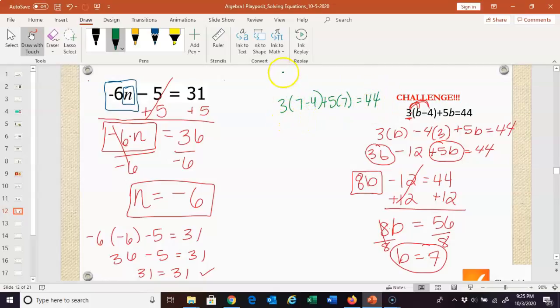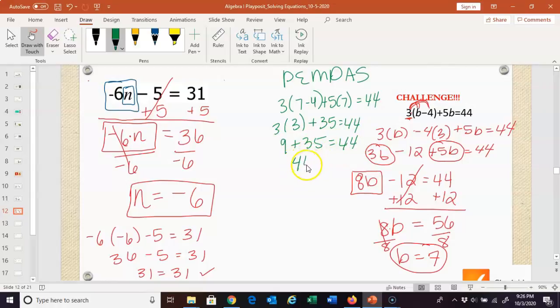So we need to remember PEMDAS. See, it all goes back to PEMDAS. Let's do parentheses first. 7 minus 4 is 3. 5 times 7 is 35. We can keep going. 3 times 3 is 9. And is 35 plus 9 44?